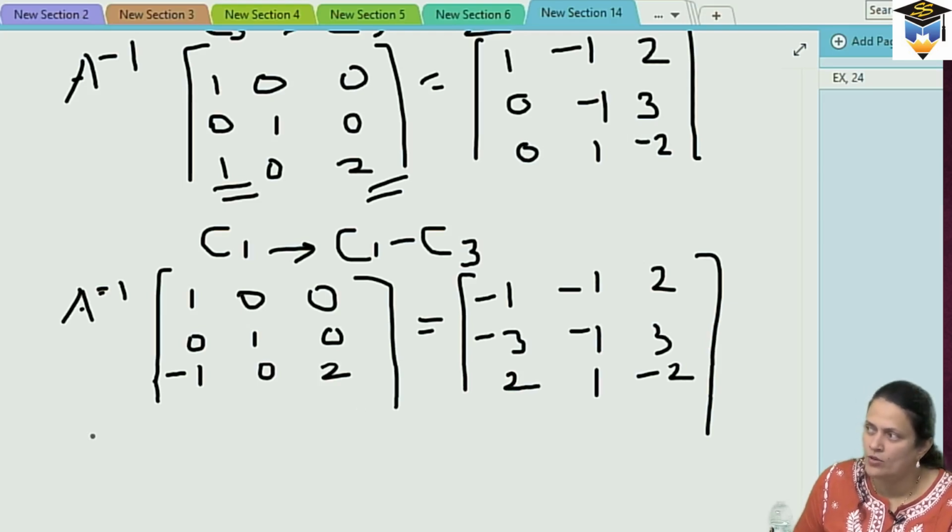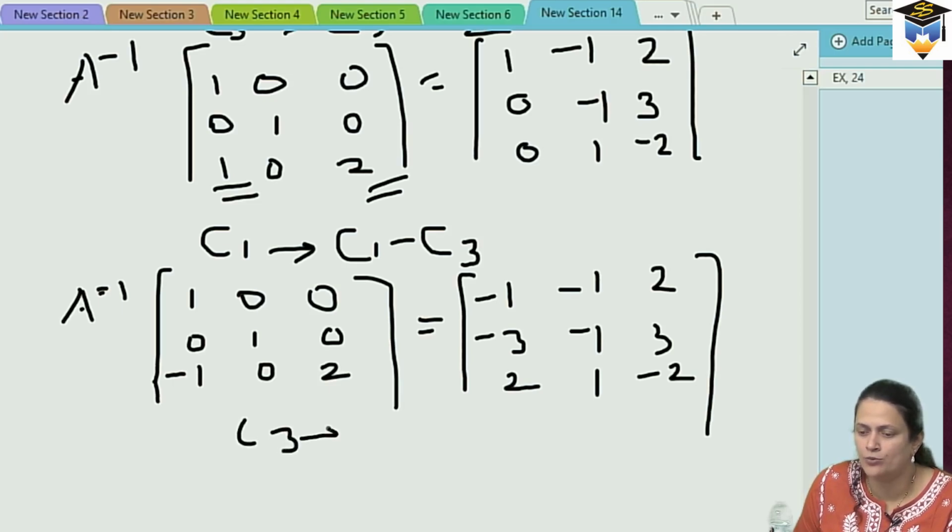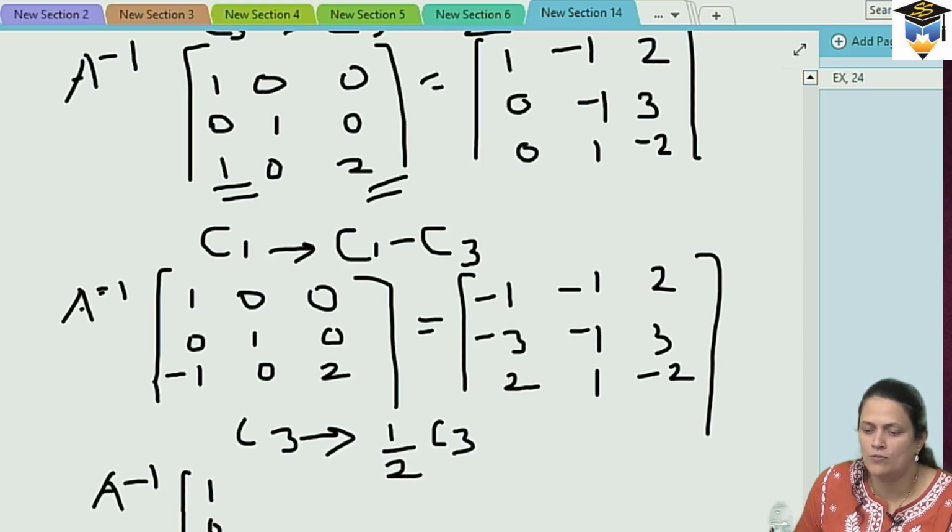Now, what I am going to do is, I am going to divide C3 by 2. So A inverse will be 1, 0, minus 1, 0, 1, 0.